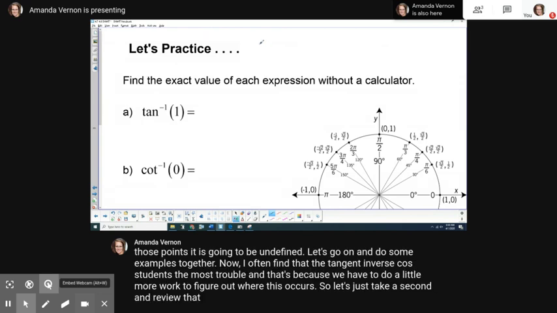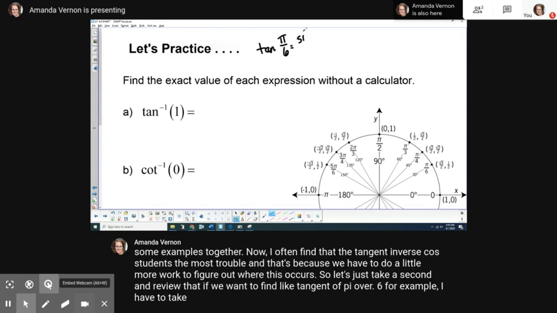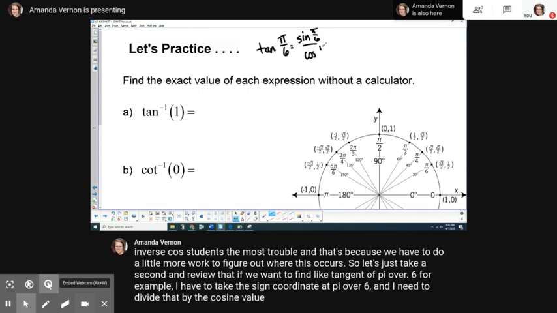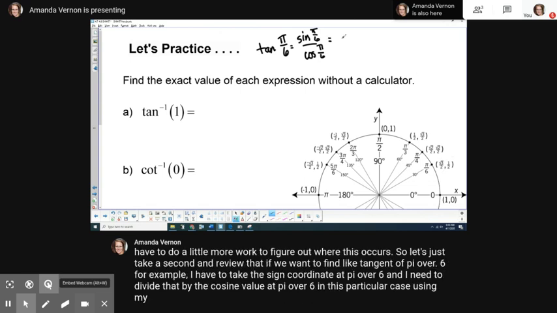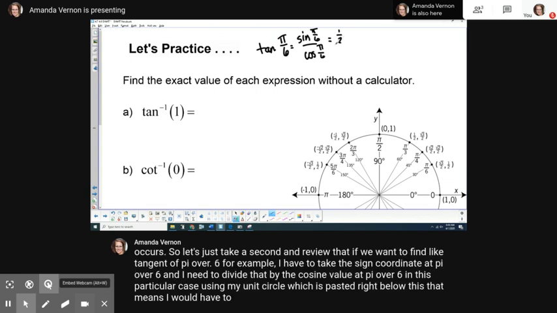If we want to find tangent of pi over 6, for example, I have to take the sine coordinate at pi over 6, and I need to divide that by the cosine value at pi over 6. In this particular case, using my unit circle, which is pasted right below this, that means I would have to take 1/2 divided by root 3 over 2.